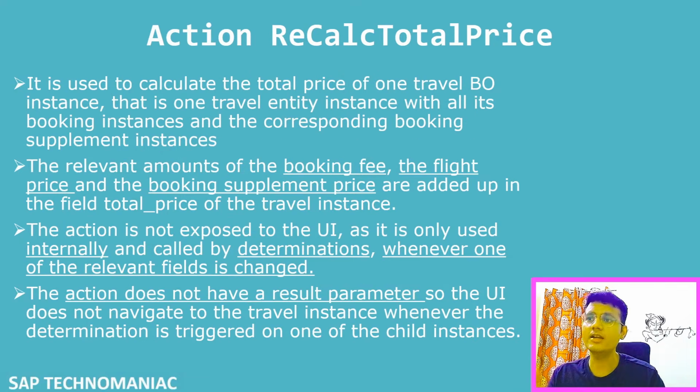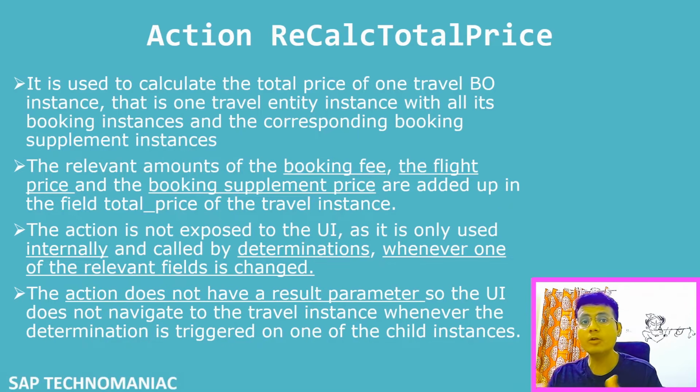The third one is the action recalculate total price. We will need this one internally. As soon as any price changes, whether our booking fee, the flight price, or the booking supplement price, whenever any of these three changes, we have to trigger this action and calculate the total price field and update it internally.